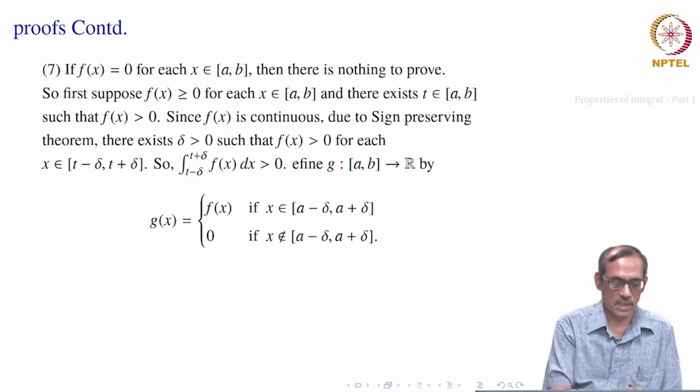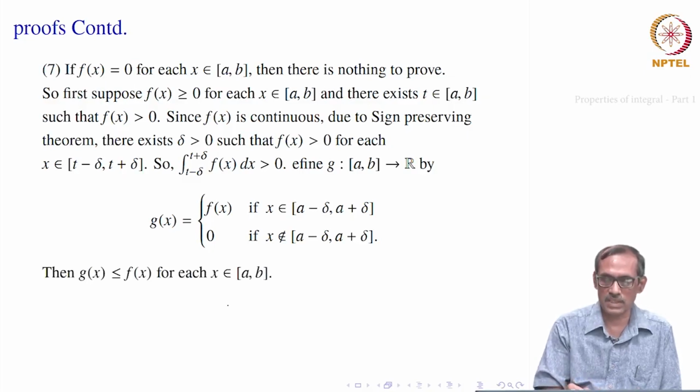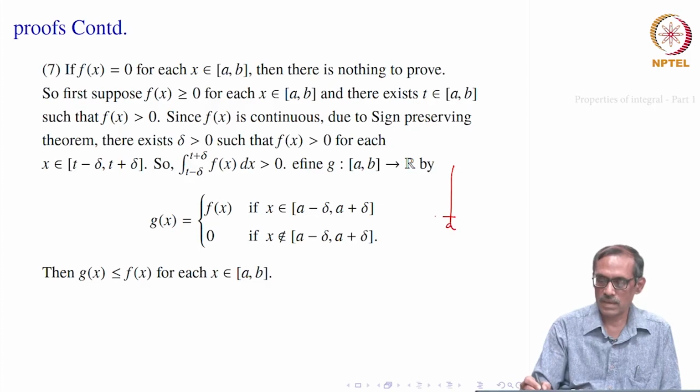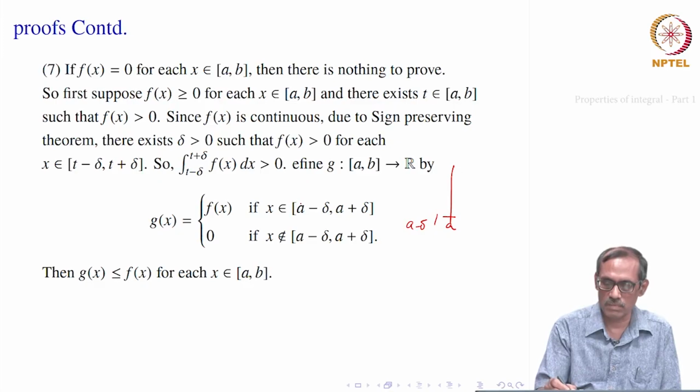To see the other way also, you can formally define some g of x, which is f of x if x belongs to t minus delta to t plus delta, and 0 if x does not belong to t minus delta to t plus delta.